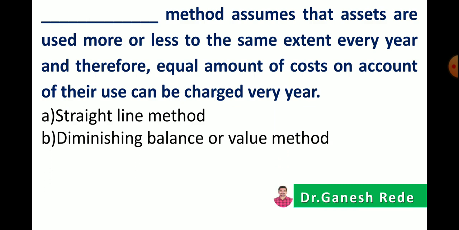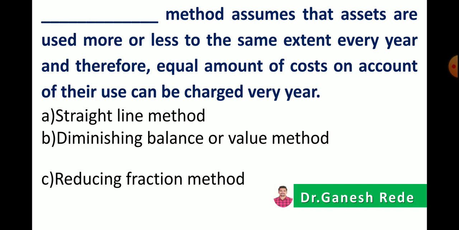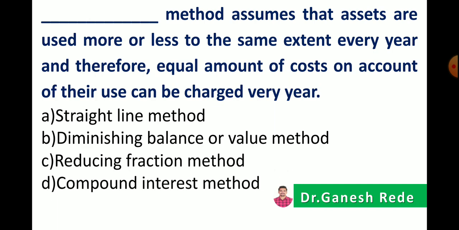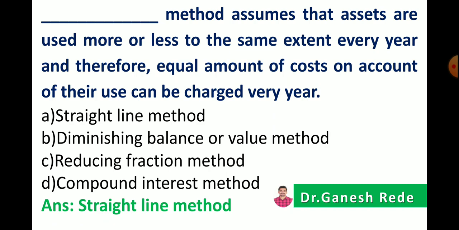Option B, diminishing balance or value method. Option C, reducing fraction method. Or option D, compound interest method. Correct answer is straight line method. It assumes that assets are used more or less to the same extent every year and therefore equal amount of cost on account of their use can be charged every year.